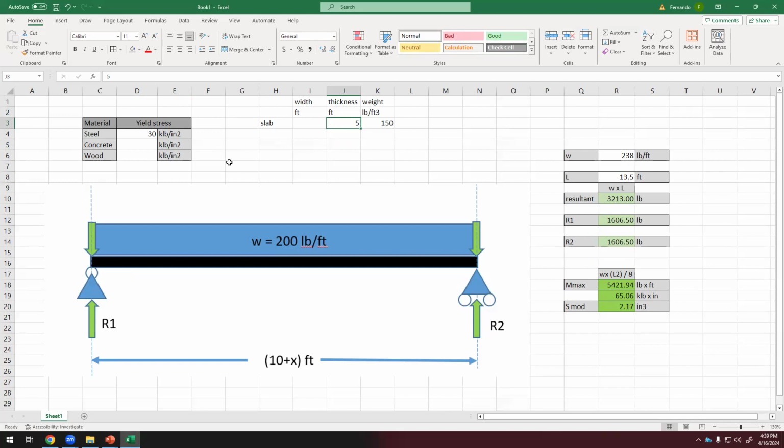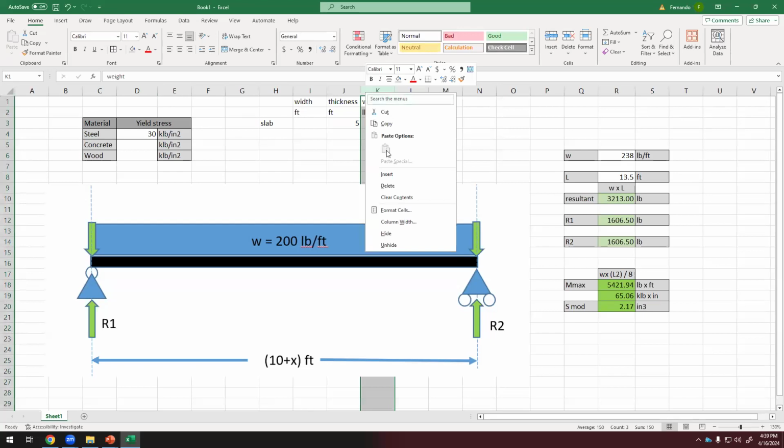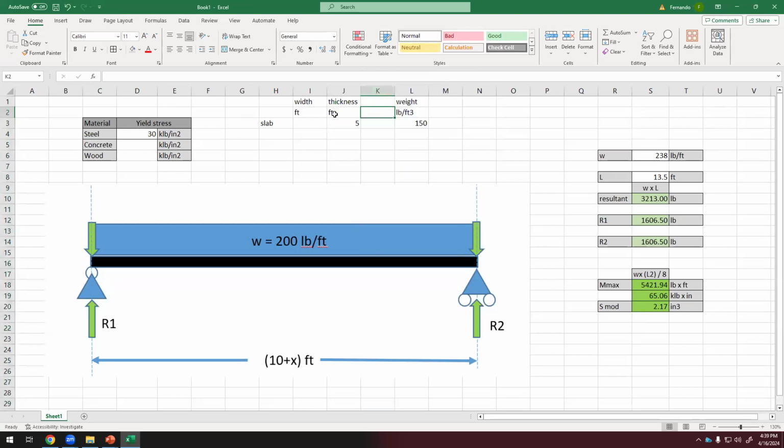Because I have to multiply, the weight is in pounds per cubic feet. So I need to turn this into feet, I need a conversion. If I have 5 inches, let's insert here a new cell.